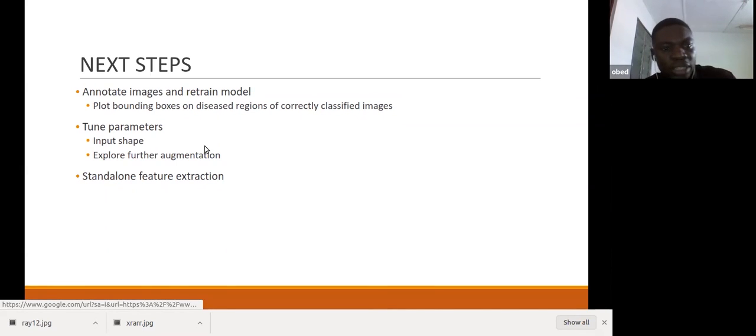I could also look at parameter tuning, explore the image resolution, and do some further augmentation. The third one is to leverage transfer learning. I'll do what we call standalone feature extraction.